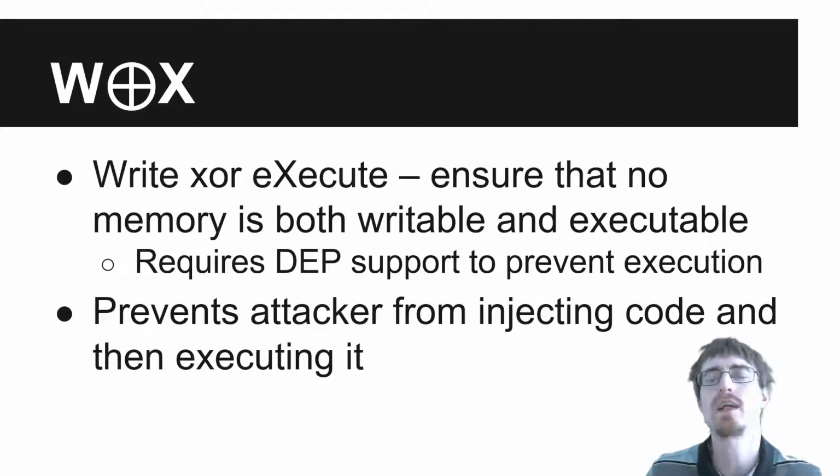And therefore we can enforce this policy, which means that we provide maximum protection against execution, while at the same time not really inhibiting any important functionality. So we use DEP support to prevent any writable memory area from being executable. And this prevents things like shellcode. We can no longer write code to the program and then execute it as an attacker.